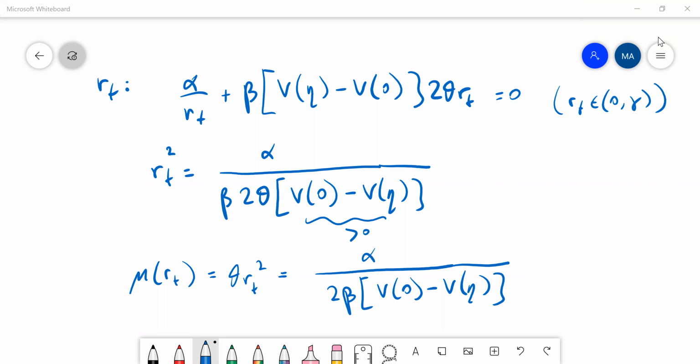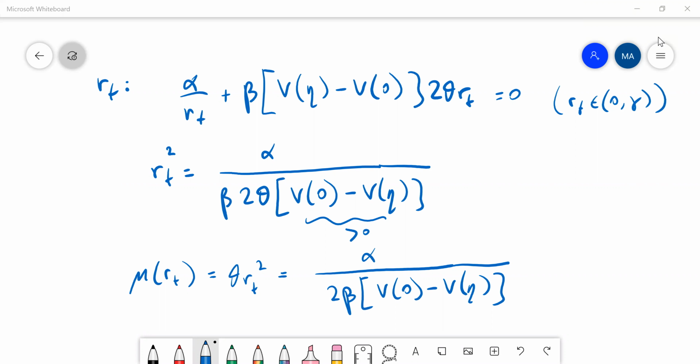So what I want to do is to write the continuation value more simply. So the continuation value is what? So I have the formula here.